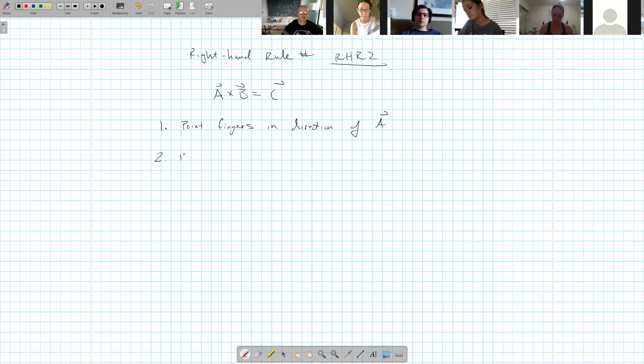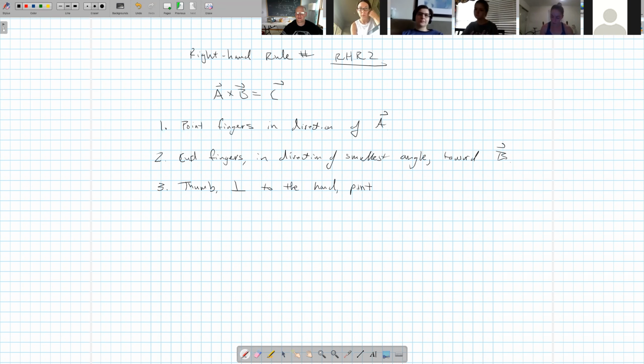Step number 2, curl those fingers in direction of smallest angle toward the second vector B. Step number 3, thumb, which is perpendicular to the hand, points in direction of C, the resultant vector.